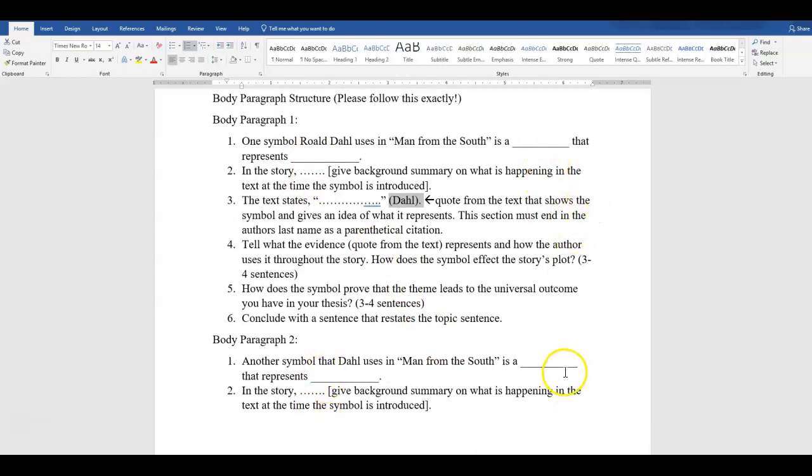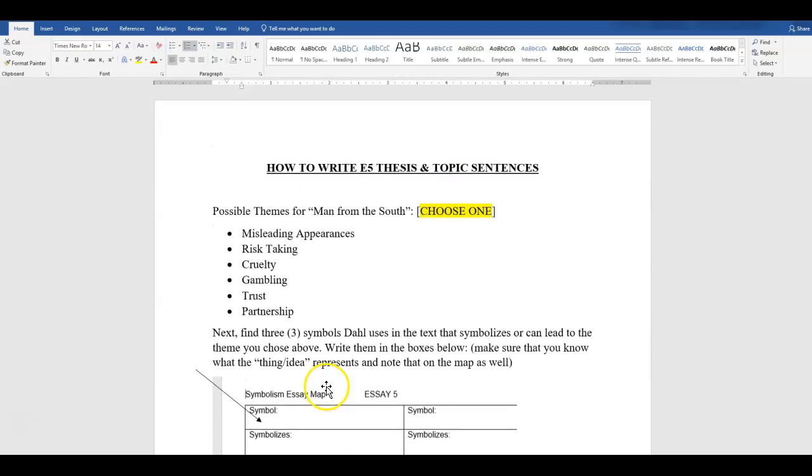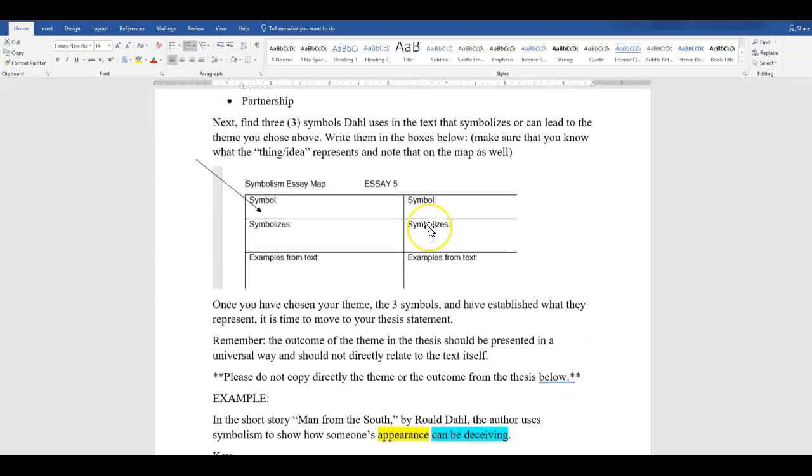Or, again, you could have 3 different symbols and they could all represent something else, okay? For your themes, you have misleading appearances, risk-taking, cruelty, gambling, trust, and partnership. You will find 3 symbols that Dahl uses in the text that symbolize or can lead to the theme you chose above, and then you will write them on your map.